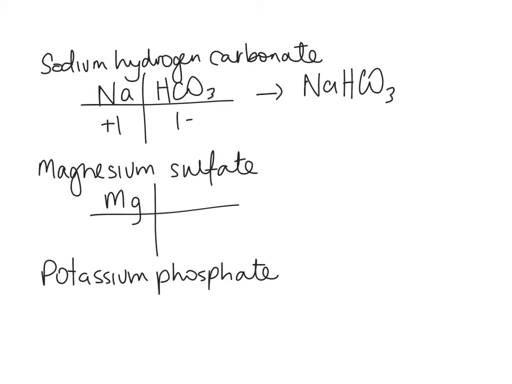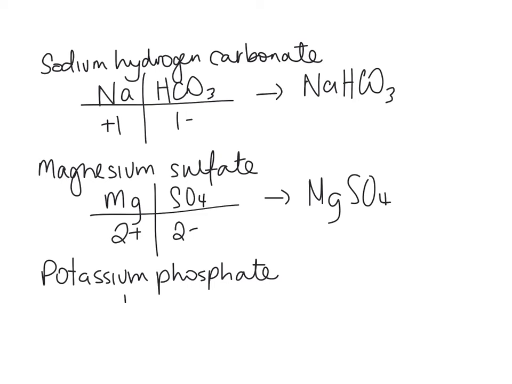Set up your T-chart. The charge on sulfate is 2 negative. The charge on magnesium is 2 plus. Did I say that right? Sulfate is 2 minus, magnesium is 2 plus. So the numbers add up to 0. So the formula is just the symbols.